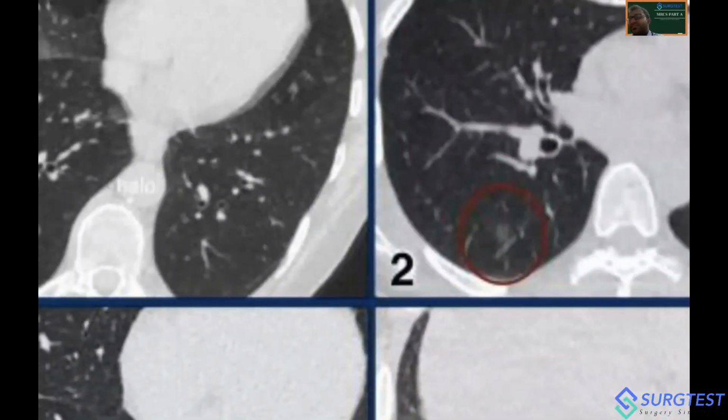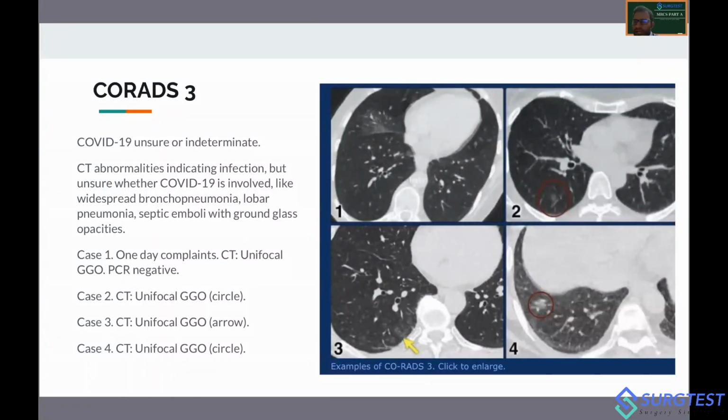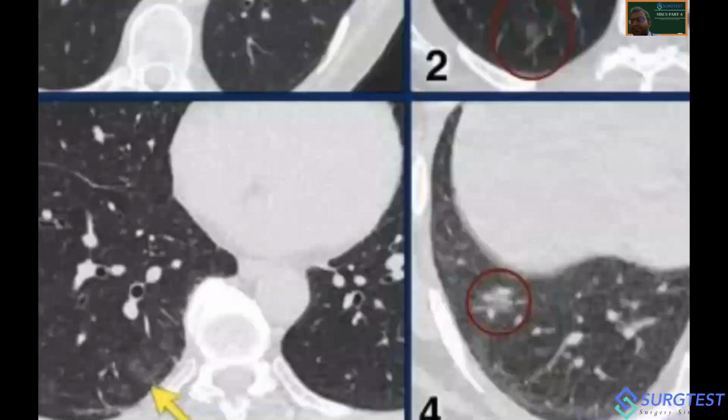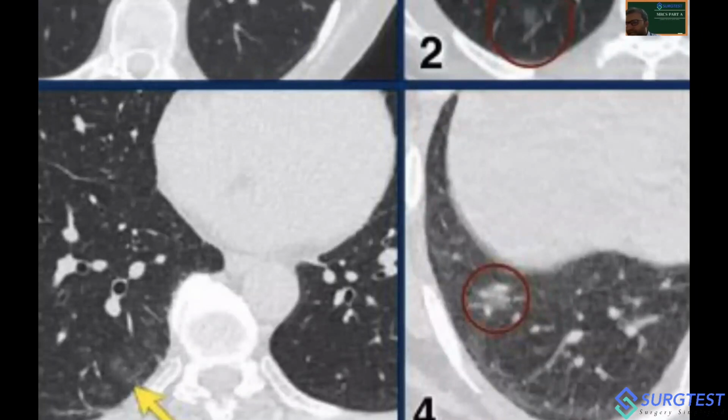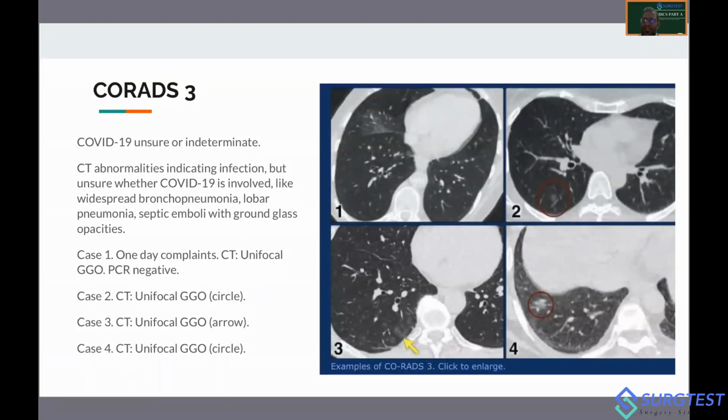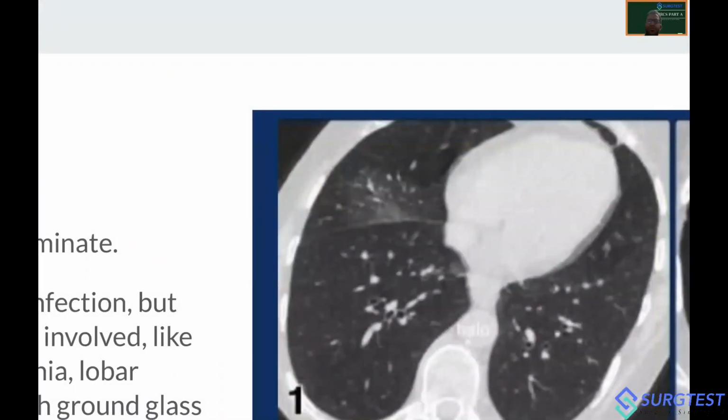However, in this case, it is not so clear. It is often confused with a tree in bud appearance. In cases 3 and 4, again, there are ground glass opacities, but they are not very classical. In case number 4, there are ground glass opacities, but also surrounded by a number of calcifications. So this can be confusing. The classical ground glass opacity is seen in image 1.